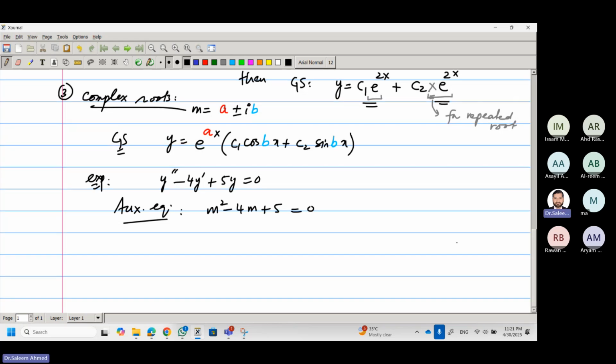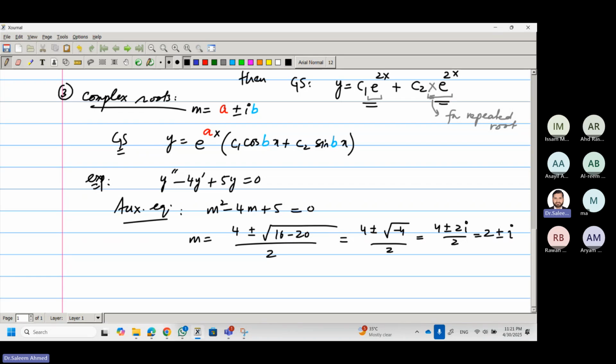This has no factors, so you can use the quadratic formula: b square minus 4ac, 16 minus 20. So now you see 4 plus minus square root of minus 4, divided by 2. When you have minus 4 in the square root, it becomes iota: plus minus 2 iota divided by 2, which becomes 2 plus minus 1 iota.